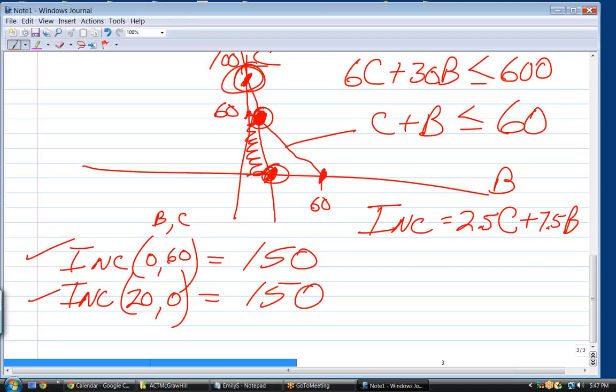Where do they cross? It's when C plus B is equal to 6C plus 30B. Hold on. Let me think for a second here.